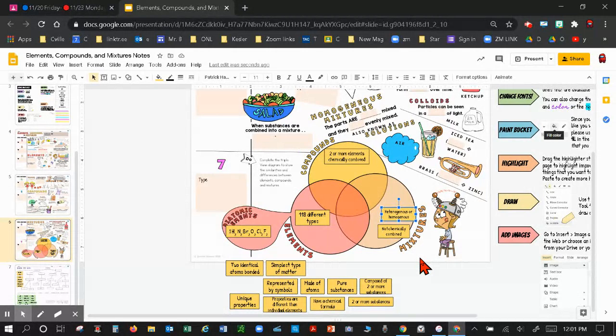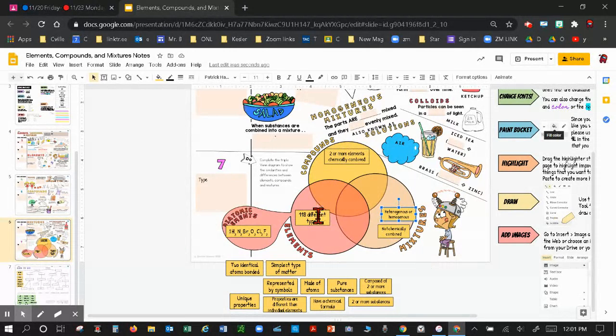And a homogeneous mixture is something that you look at all the way throughout and you cannot see the different particles or the different parts of that. Some good examples are iced tea, or different types of soda, a Powerade, drinks that we consume. Things like that are homogeneous mixtures, and those are very good types of that.